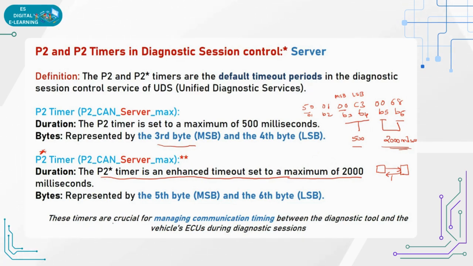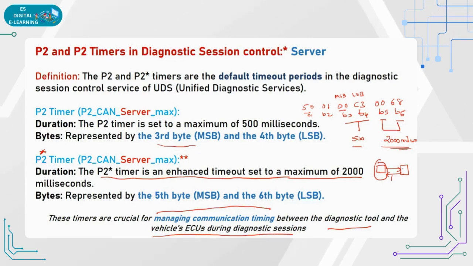These times are crucial for managing the communication timing between the diagnostic tool and the vehicle ECUs during diagnostic sessions. When the tool is connected to the car, whenever a request is sent, the response should always follow this time: within 500 milliseconds or within 2 seconds you should get the response.